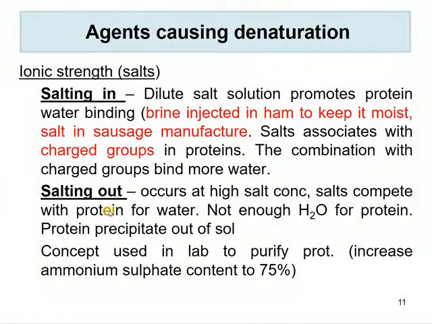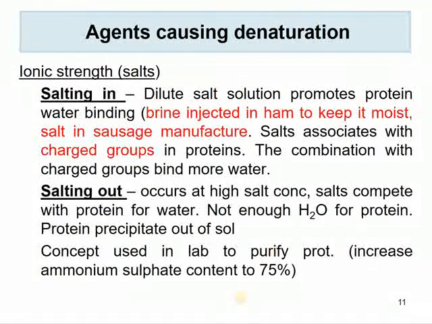Okay, salting out is whereby we use a high concentration of salt. It's not applied in food science. It's applied in the laboratory, biotechnology and biology people, even the food science people that are working in labs for protein purification. So what happens, because of the high concentration, the salt then competes with the water, because there's not enough water for the salt to bind and the protein.